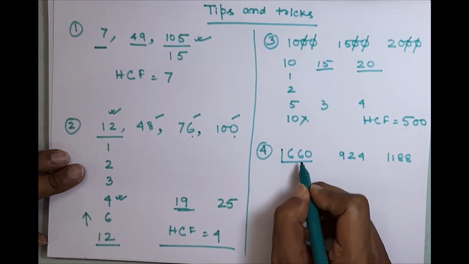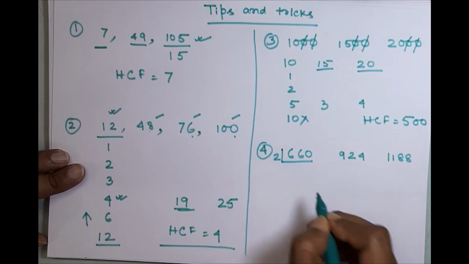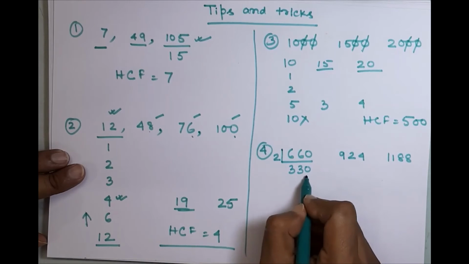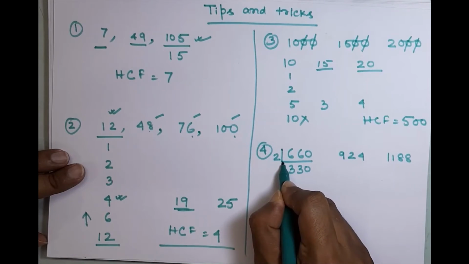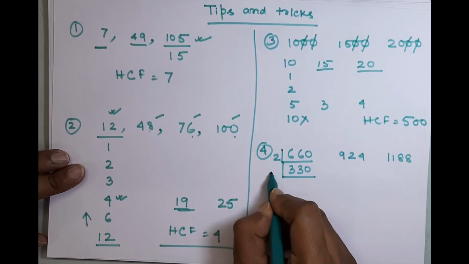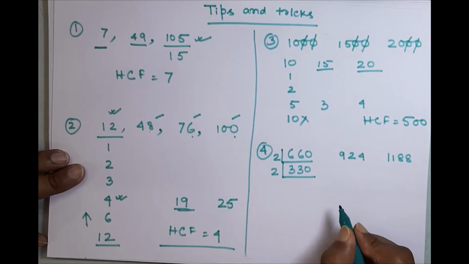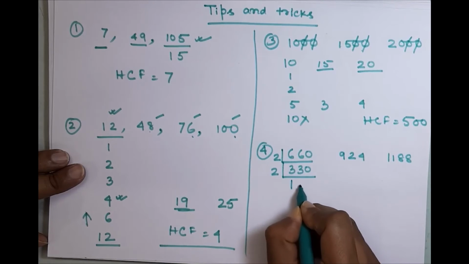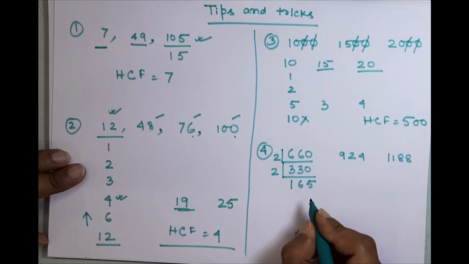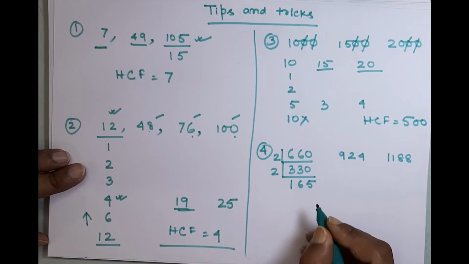So it is divisible by 2 and we'll get 330. And is it divisible by any other prime factor? Yes, because it is an even number, so it will again be divisible by 2, and here we'll get 165 as your quotient.